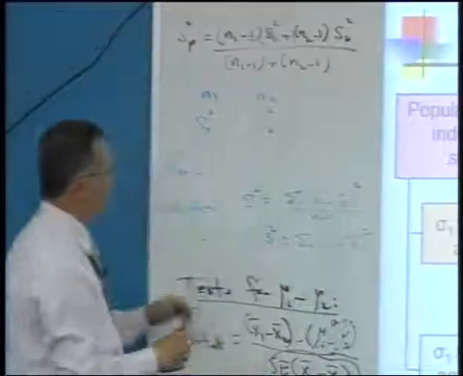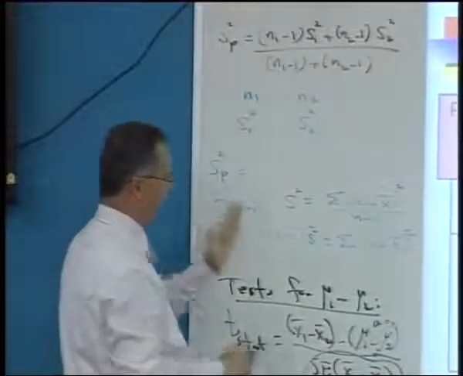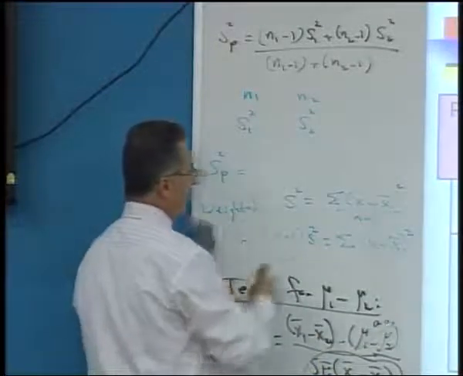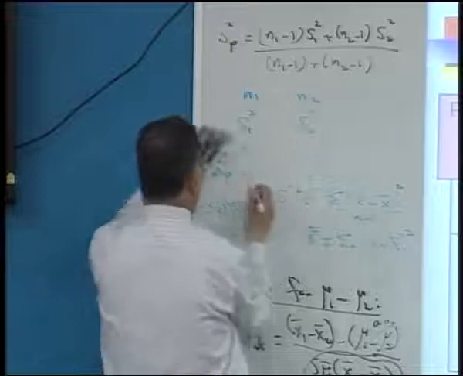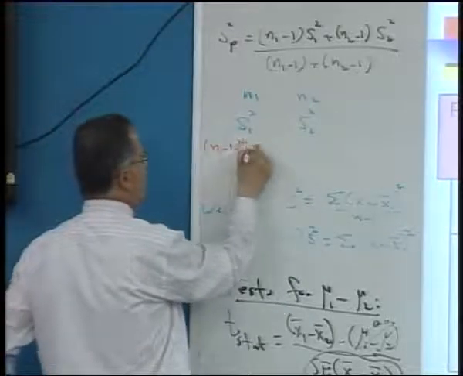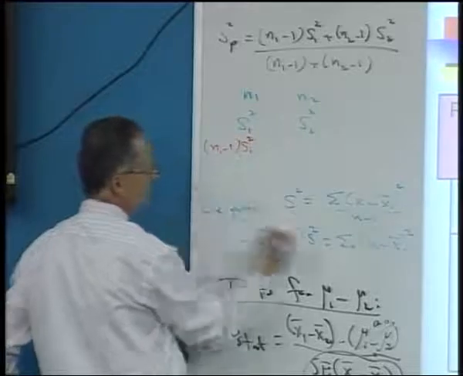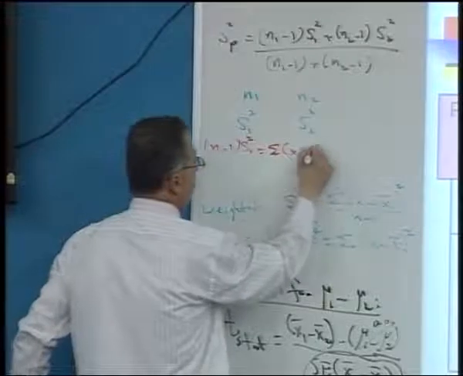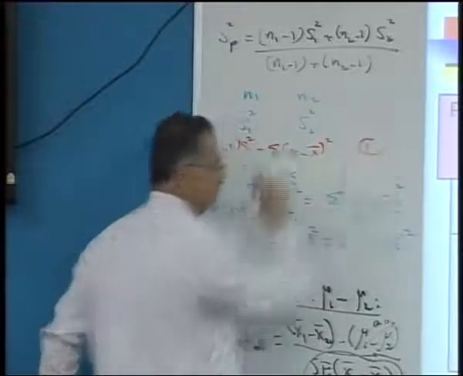What about the second one? We have two samples, so we can write for the first one (n1 minus 1) s1 squared equals the sum of (x minus x bar) squared. This is for sample 1.